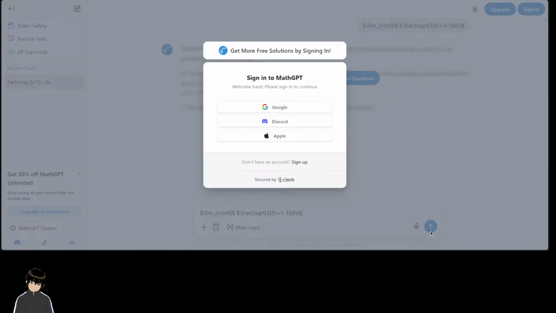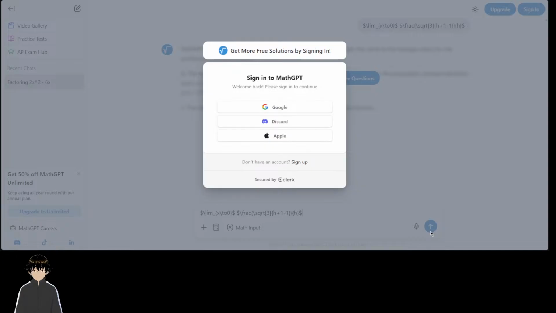Oh, come on, GPT. Do you really have to do this? I'll just use Photomath. In all honesty, I hate you, MathGPT, ChatGPT in general. You really make me mad. I'm not gonna lie to you.